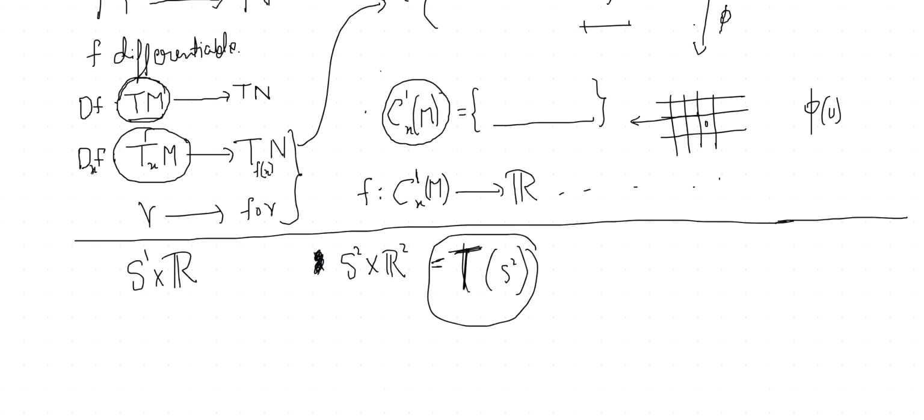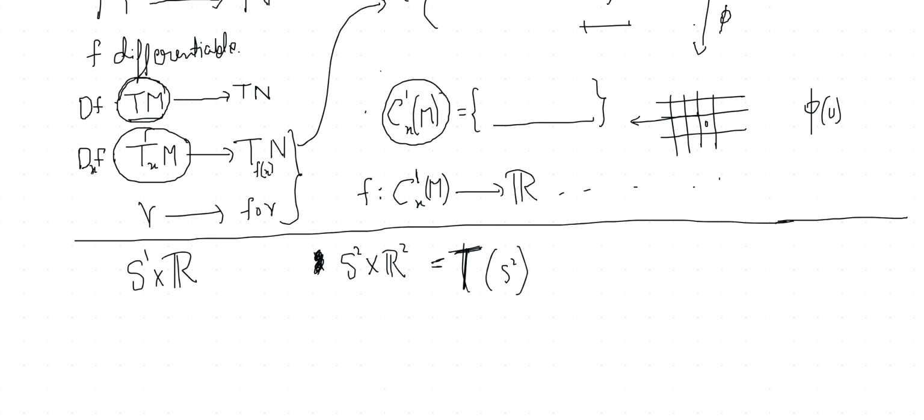But then I think that for some spheres, like maybe S3 or S7, the tangent bundle is trivial. For S3, I think it is S3 cross R3. It's a strange thing.